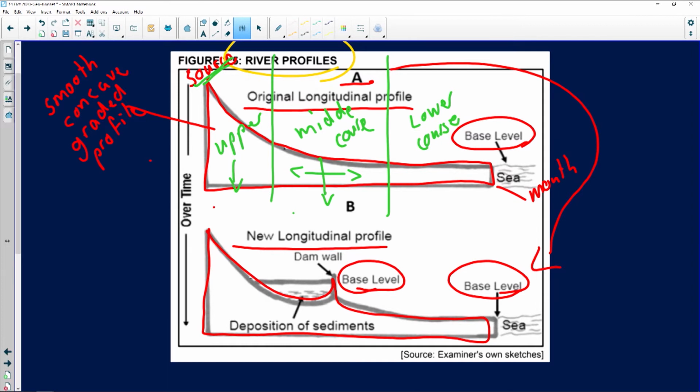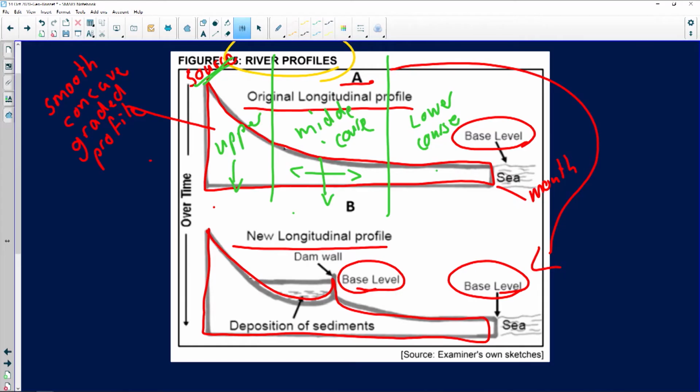Now we add more water because tributaries start joining at the middle course. So more water joins, and the river starts to widen. With more volume of water, the gradient can still be steep, so it still deepens. But what happens at the lower course? There's no erosion taking place, but deposition.